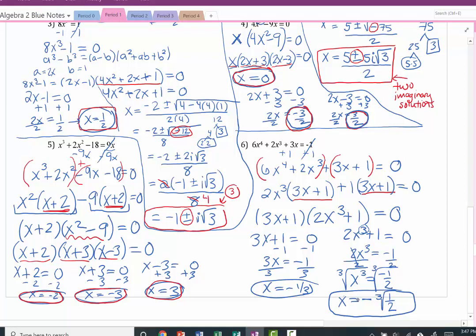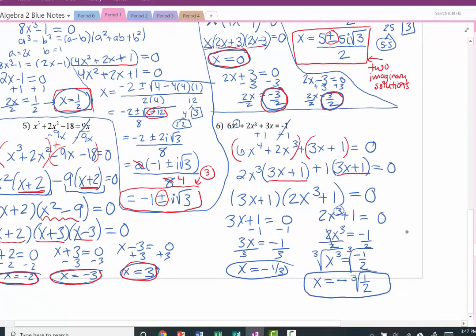Now, how do I know there's 2 imaginary solutions? Because of this highest exponent of 4. That tells me that I should have 4 solutions total when I solve for this. So I'm just going to write a little note here that there are 2 additional imaginary solutions.